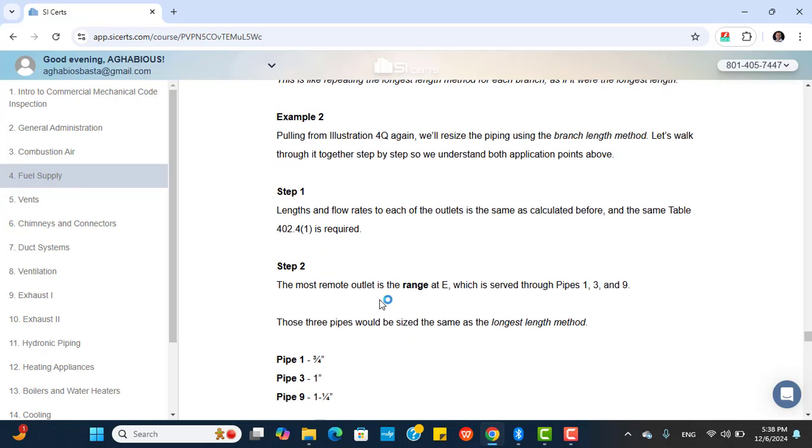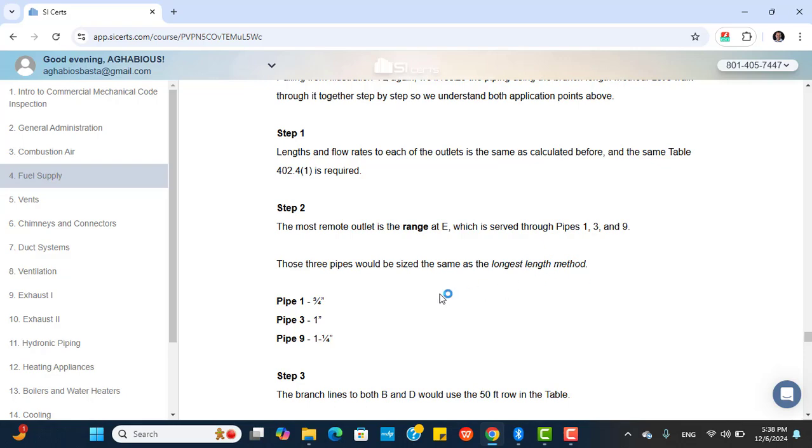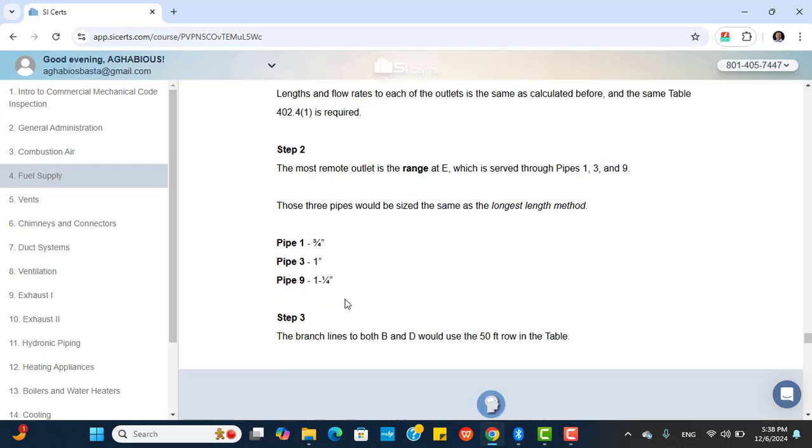Step 2, the most remote outlet is the range at E, which is served through pipes 1, 3, and 9. These 3 pipes would be sized the same as the longest length method. Pipe 1, 3/4 inch, pipe 3, 1 inch, pipe 9, 1¼ inch.